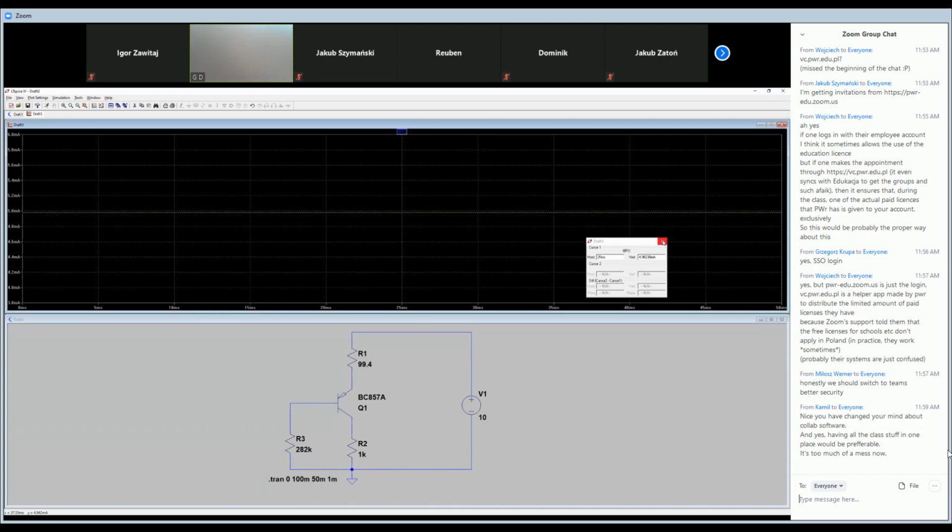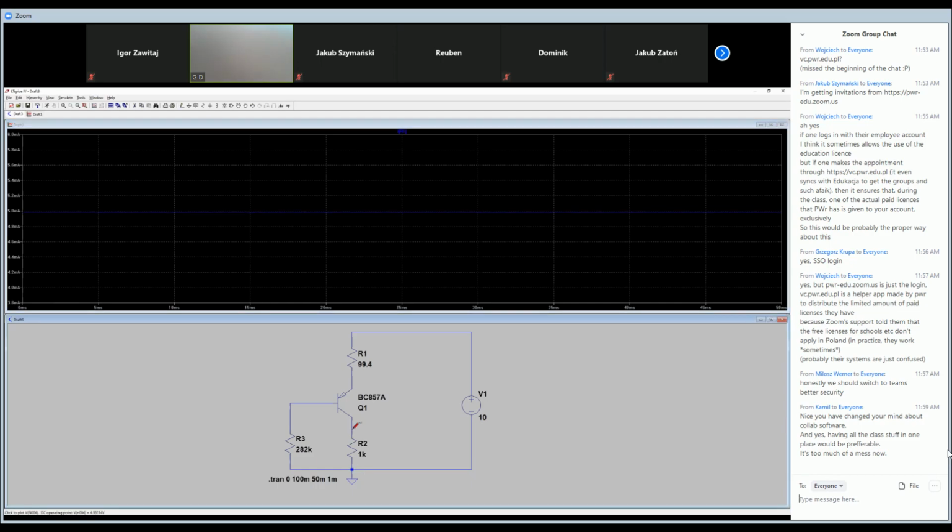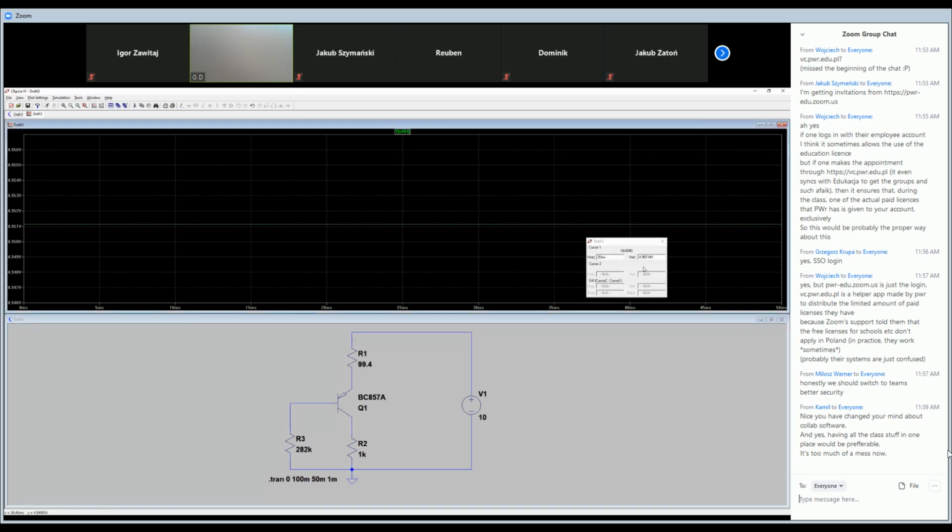Okay. What about the voltage drops? For the collector resistor, the voltage drop is around 5 volts. Yeah, 4.95.